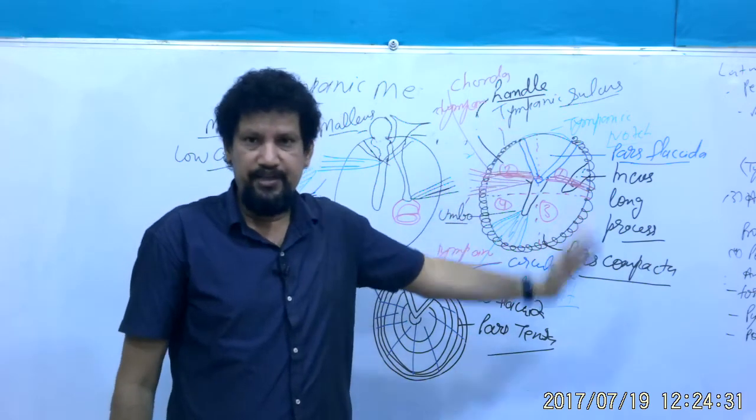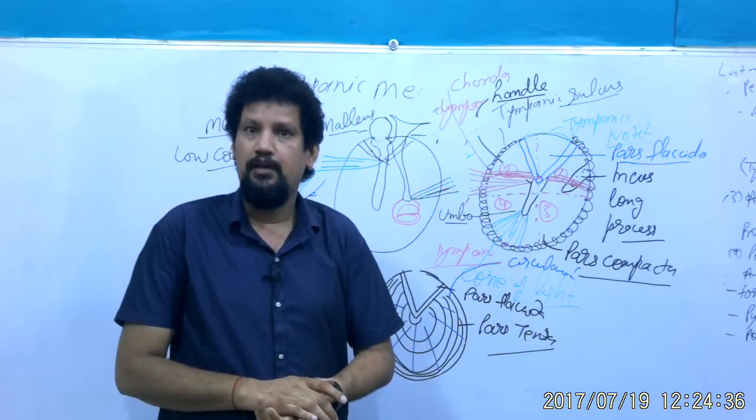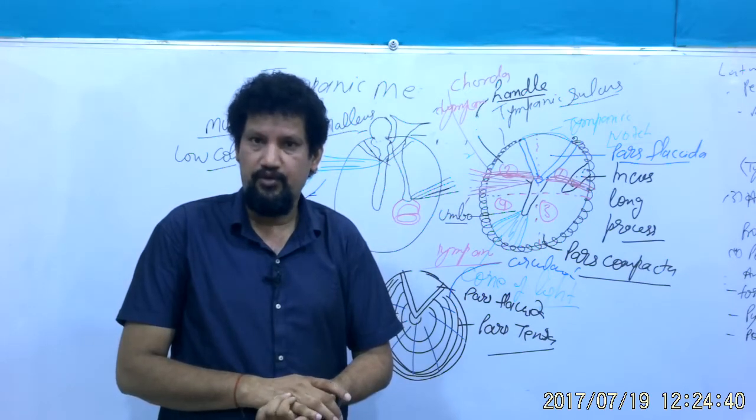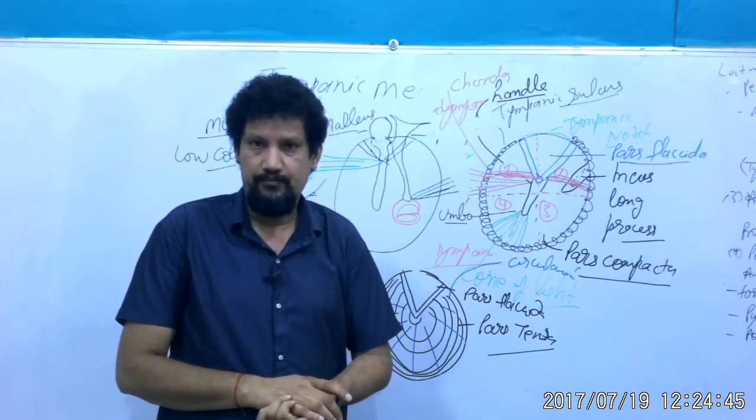The medial surface or the inner surface of the tympanic membrane is innervated by the glossopharyngeal nerve, which is forming the tympanic plexus in the middle ear cavity.